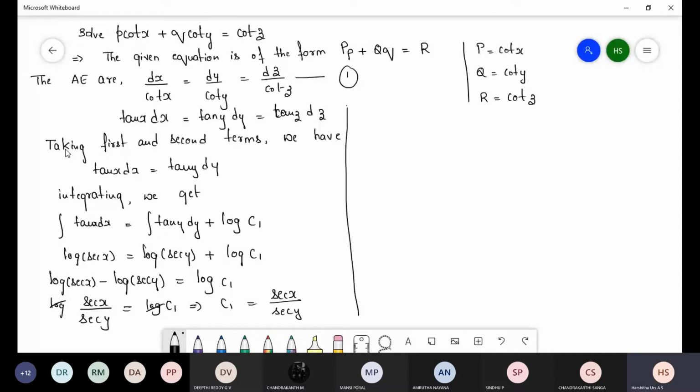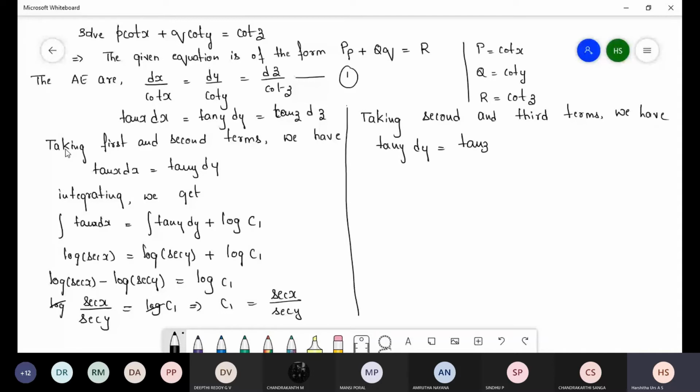Next, taking second and third terms, we have tan y into dy is equal to tan z into dz.